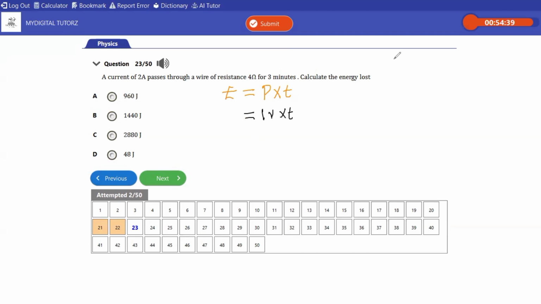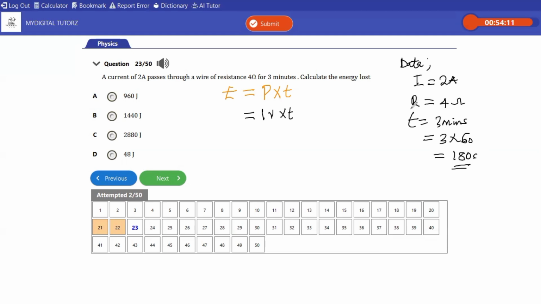But if you look at the data given to us, the current I is equal to 2 amps, and the resistance is equal to 4 ohms. Then the time is equal to 3 minutes. So we convert this 3 minutes to seconds, that will be 3 times 60, which gives us 180 seconds. I hope we are together.